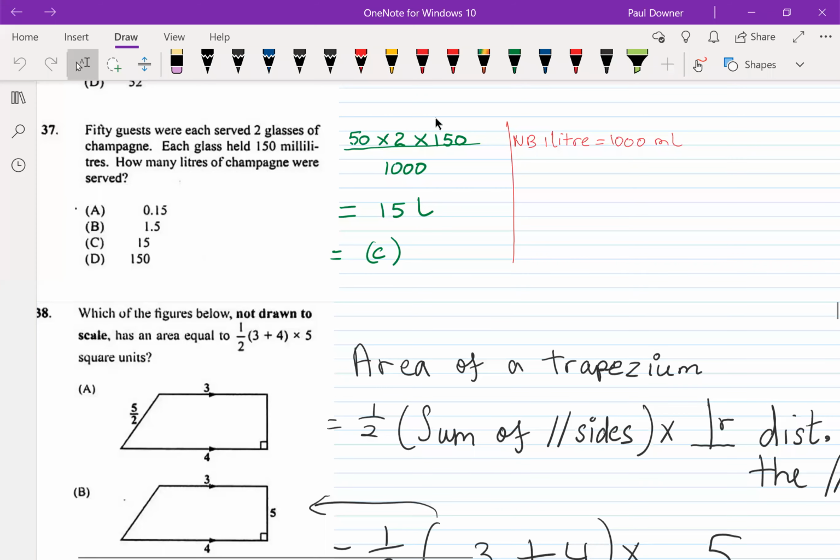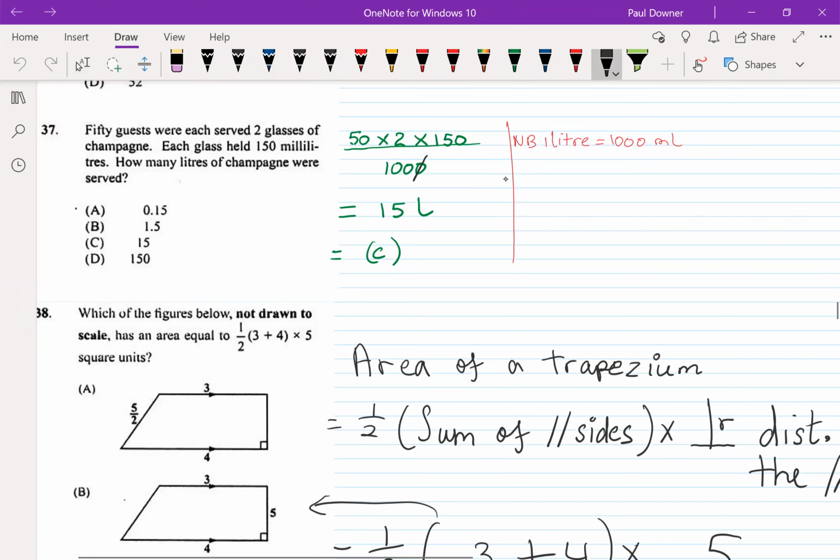Okay, so this here will be the number of milliliters, but they want to know how many liters. So we need to know the conversion. 1 liter is equal to 1,000 milliliters. So every time you have a group of 1,000, then that's a liter. So I have to take this total number of milliliters and see how many groups of 1,000 are in there, because remember every group of 1,000 is 1 liter. That means I have to divide by 1,000. And if you go through that process, let's see what happens.